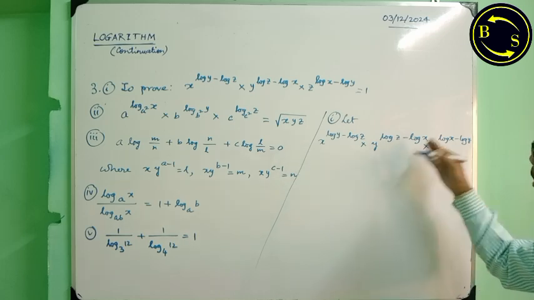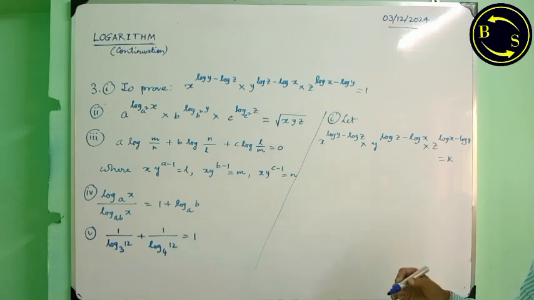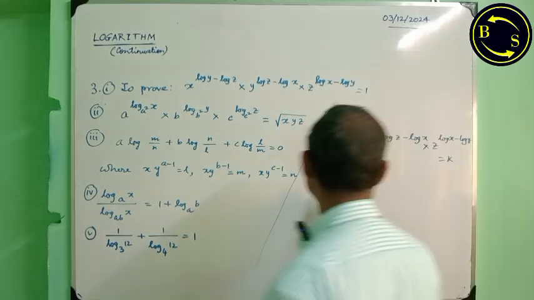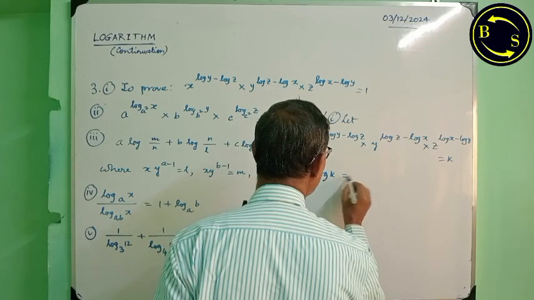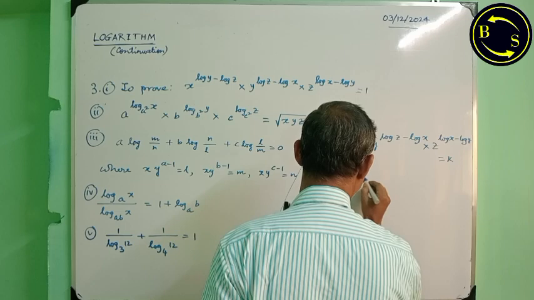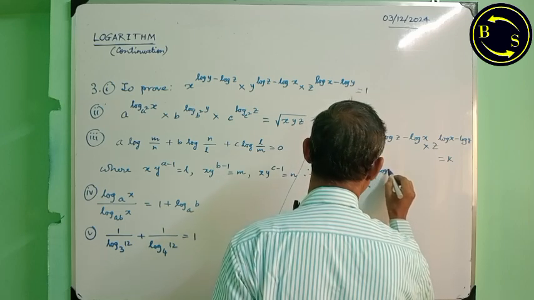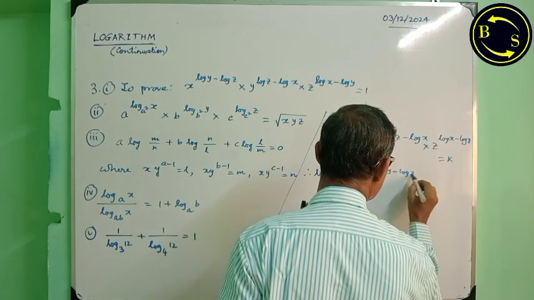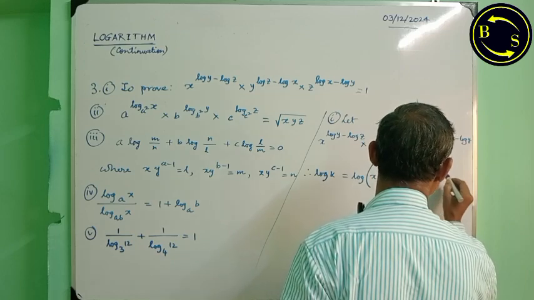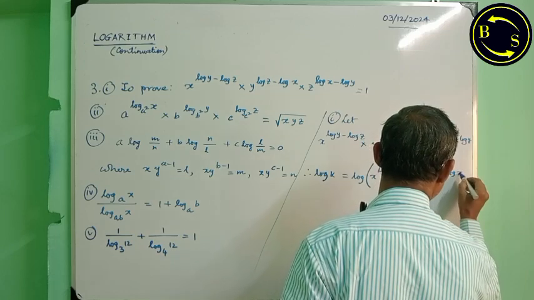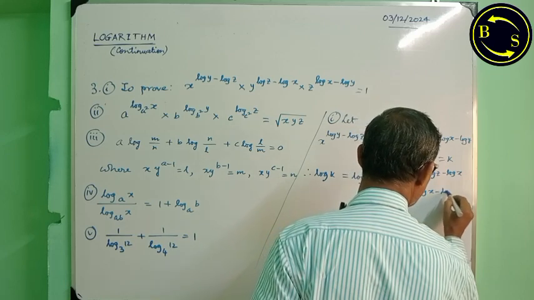Now powers are there, also product, therefore we take logarithm of both sides. Therefore log k will be equal to log of x to the power log y minus log z into y to the power log z minus log x into z to the power log x minus log y.